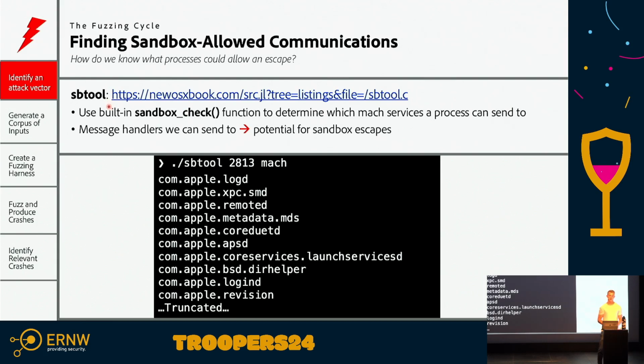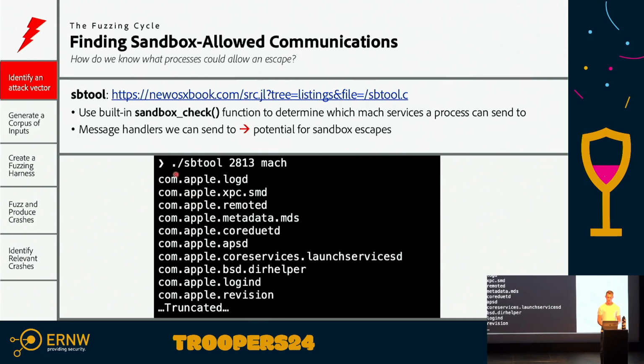He does a lot of macOS research. He's written multiple books. Very smart guy. And this SB tool uses macOS's built-in sandbox check function to determine which Mach services a given process can send messages to. So those message handlers that we can send to from a sandbox context are ones that we might be able to exploit for a sandbox escape.